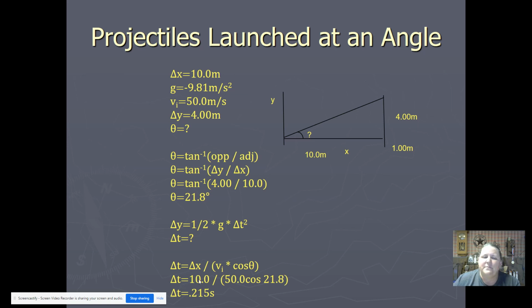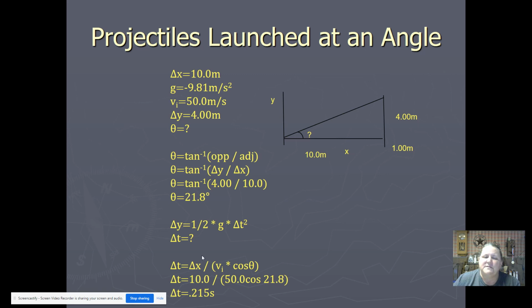So time is going to be your 10 divided by the... okay, let me back up. The initial velocity, 50 times cosine theta, which is the 21.8.